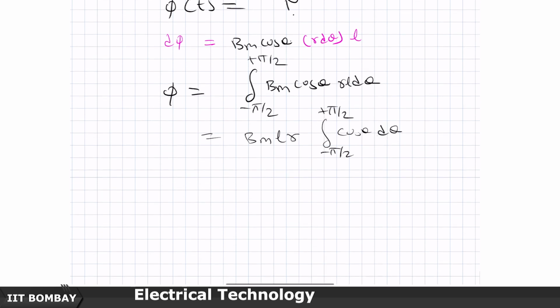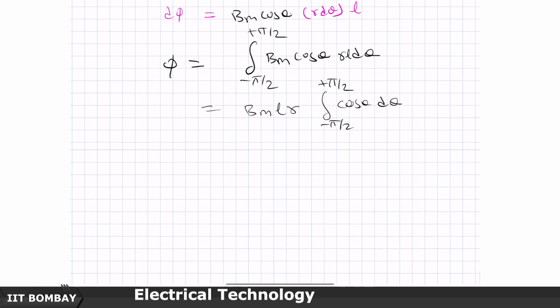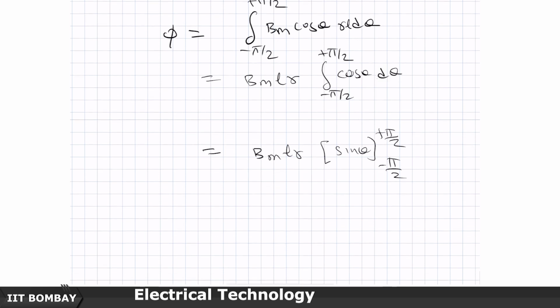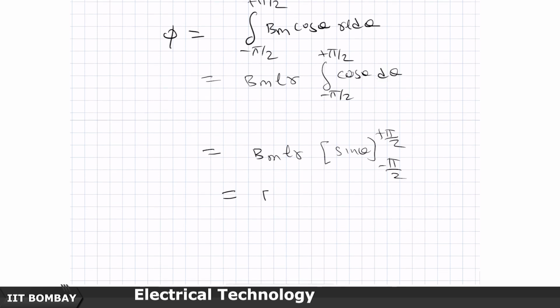Differential of sin of theta is cos of theta, so the integral of cos of theta is going to be sin of theta, and this taken from plus pi by 2 to minus pi by 2 will give you 2 Bm L r.